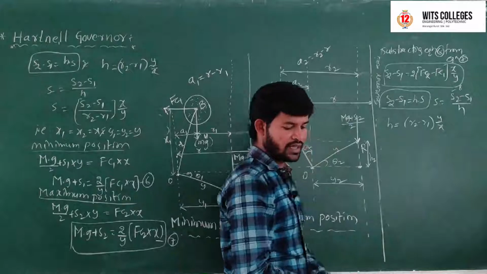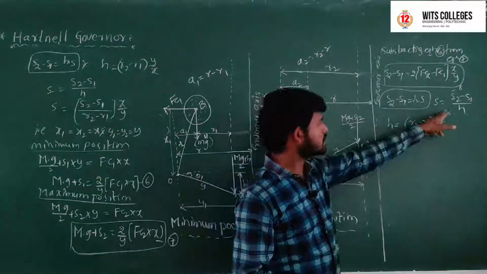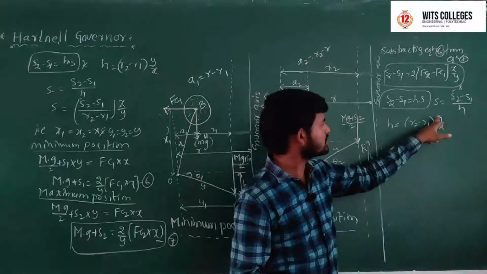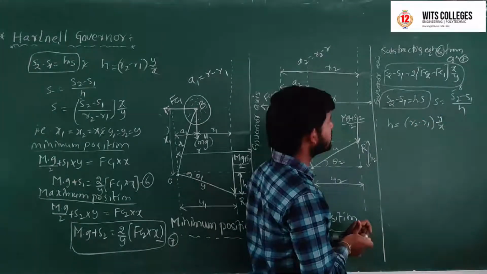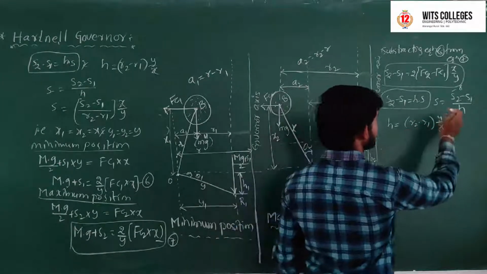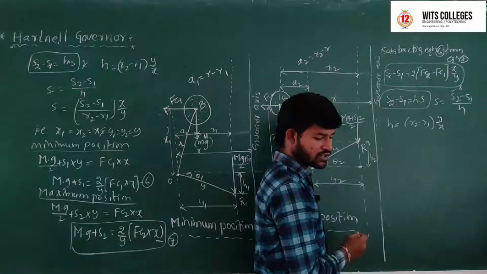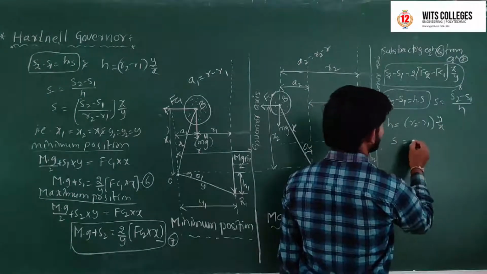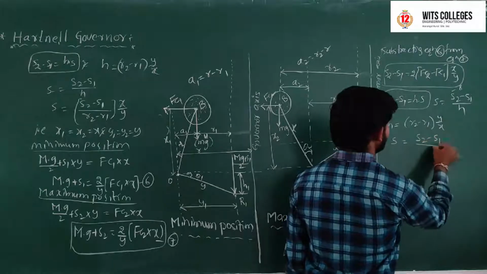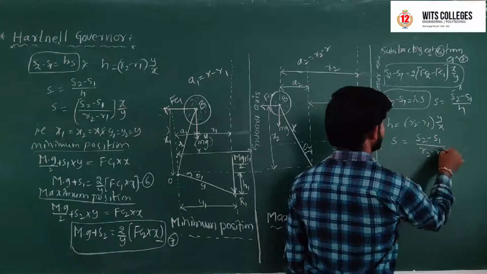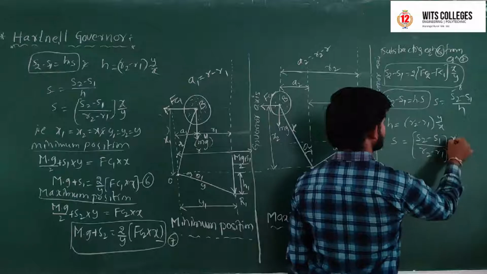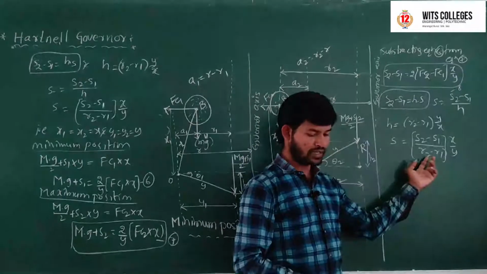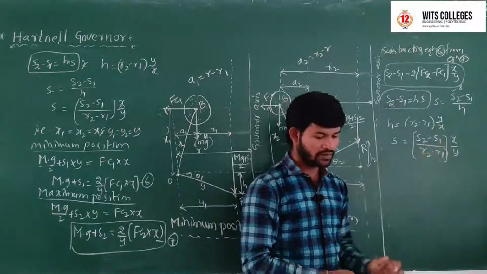Substituting the h value in this equation, we can write s equals s2 minus s1 divided by r2 minus r1 into x by y.